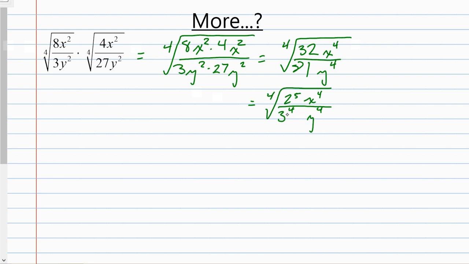So these 3 powers will come out of the radical evenly, and this 4th root of 2 to the 5th is going to give me a 2 times the 4th root of 2. I'm going to have one of the pieces of the 2 left inside. So it's 2 to the 4/4 times 2 to the 1/4.